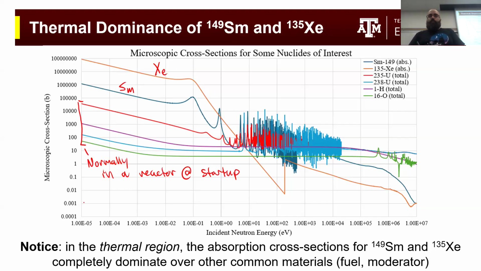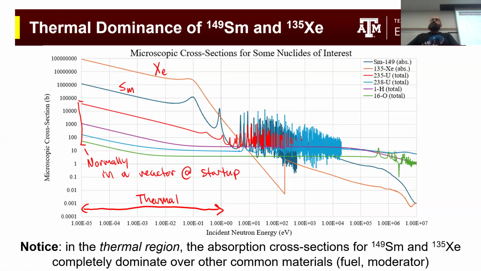Notice that in the thermal range, going from here to about 1 eV, and by the way, for xenon and samarium I've only plotted the absorption cross section, the absorption cross sections of these are orders of magnitude larger than the cross sections of the materials that are normally present in our reactor.